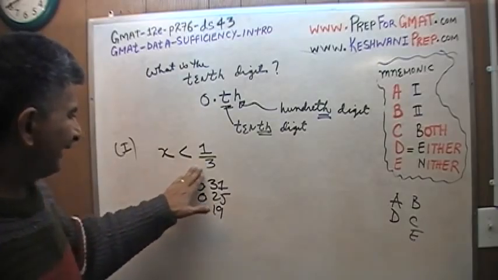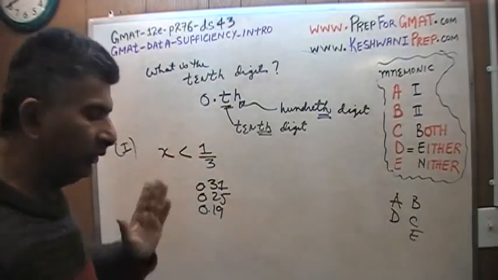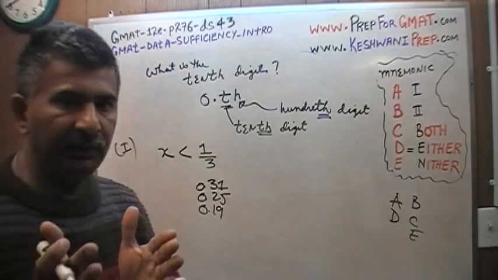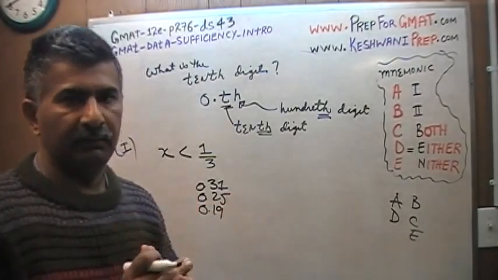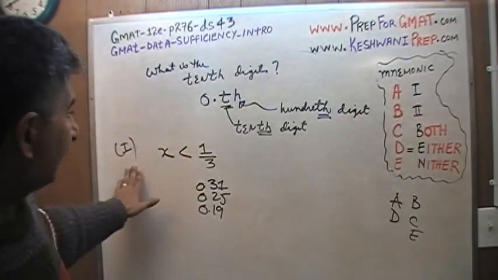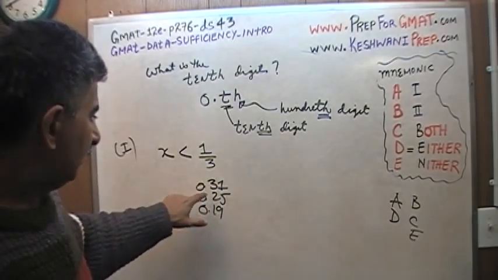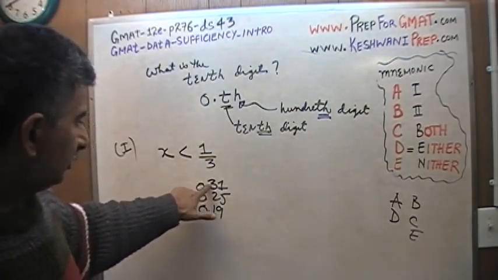It cannot be 4, it cannot be 0.4, because it's less than 1/3. But it does not tell us what the 10th digit is. As of right now, we just know that it's either 1, 2 or 3.